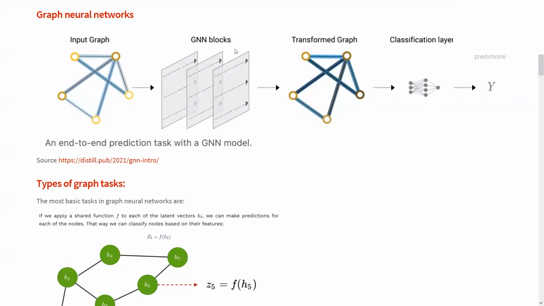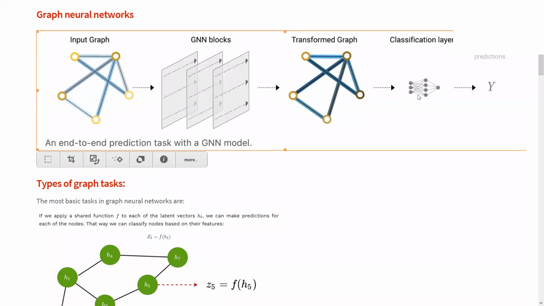We go through the general blocks and update the attributes, or generate the embedding. We learn the embedding for each node, each edge, and even the global representation of the graph. And eventually we do classification.